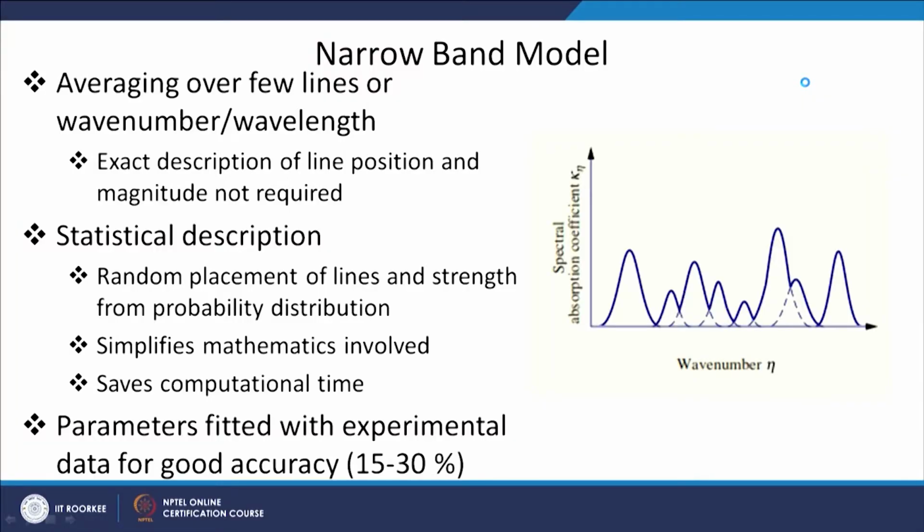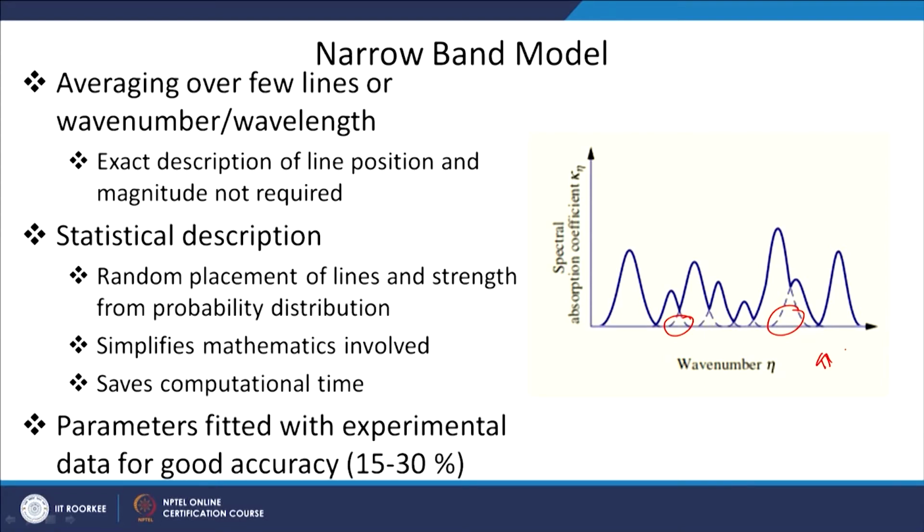Now, the argument for why this method is successful is that in rotational lines, especially in a molecular spectrum, there are a large number of lines with different magnitudes and different types of overlap, as seen in this spectrum also.